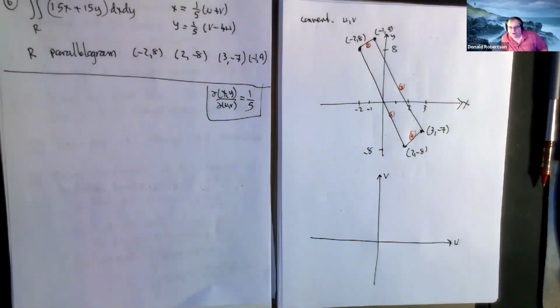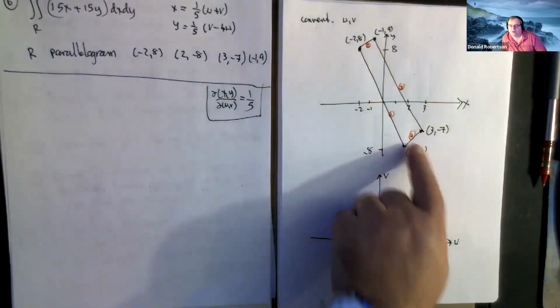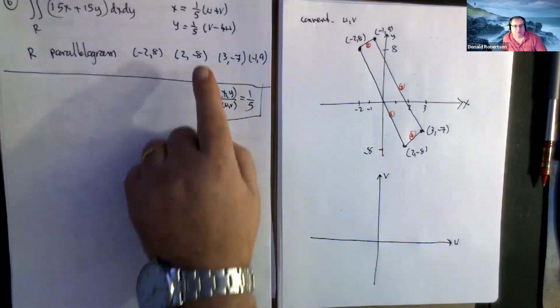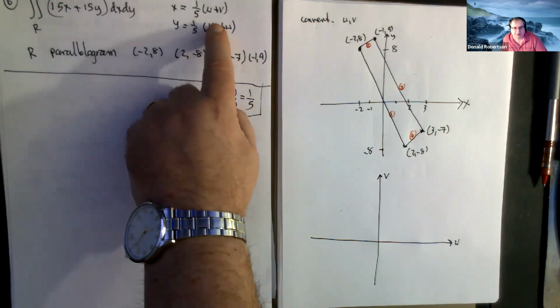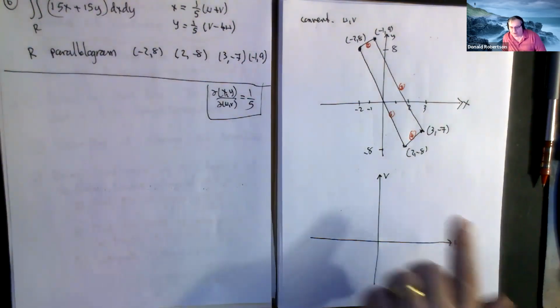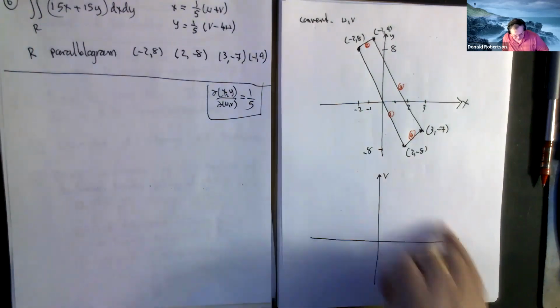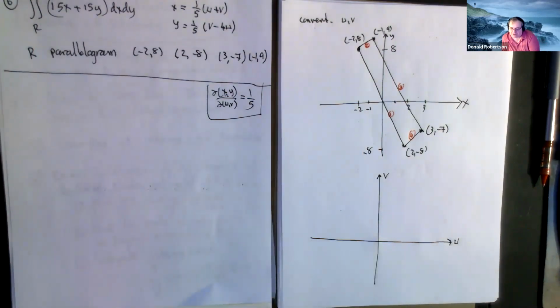So just like the last time, I am going to find the equation of all 4 lines in terms of X and Y first. And then I'm going to use X gets replaced by this and Y gets replaced by that and convert this into a new UV space. And this new shape should be nice. My gut feeling is it's going to be a rectangle. I hope it is.